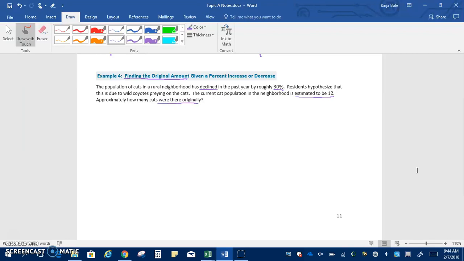Alright, so this is going to be a little bit of a different setup, because we don't know that whole, that original number. So first here we need to label our part and our whole. Our 12 here is going to be our part, and our original is our whole number.